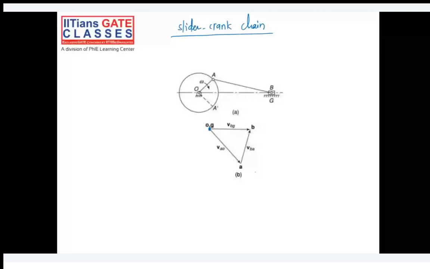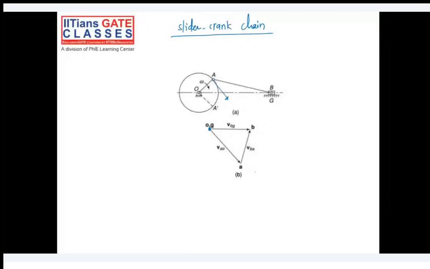Velocity of slider is also known, so you got these two points. Join a line passing through these points; that will be the velocity of BA. Even if you don't know the velocity of the slider, you can draw this line, extend it, and draw a line perpendicular to BA, and wherever it cuts, you will get the velocity of the slider.